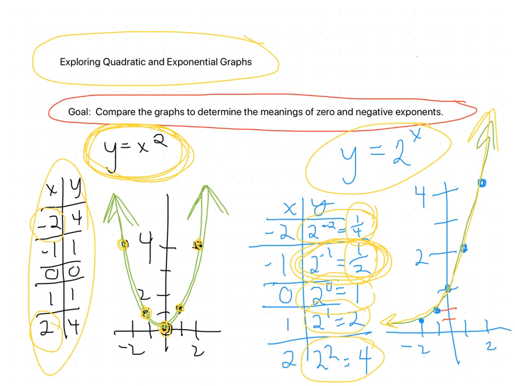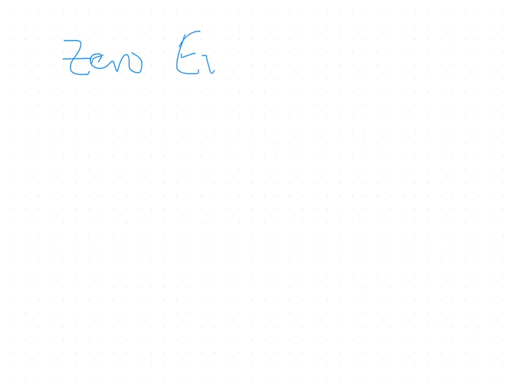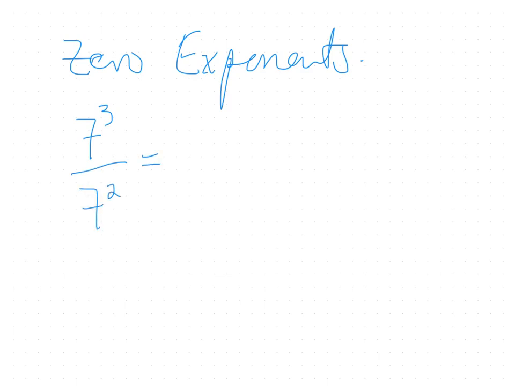Okay, so let's further examine zero exponents now. Let's move into another page and examine zero exponents. To understand the meaning of zero exponents, let's go back to our exponent rules. If we had 7 cubed all over 7 squared, the division rule tells us to subtract these exponents because the base is the same, which leaves us with 7 to the exponent 1.